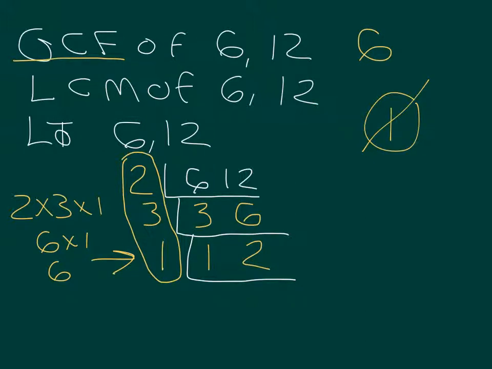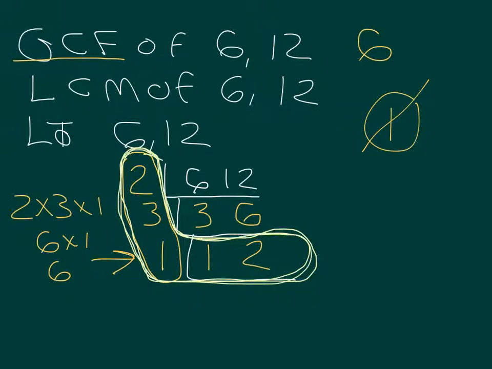Just the outside. Now, to find the LCM of 6 and 12, let me change my color here. We're going to use the same numbers, the 2, 3, and 1, but now we're also going to grab these 1 and 2 down here. When I circle all of this, it forms the letter L for LCM.